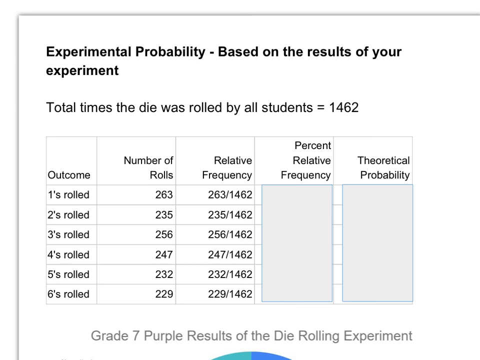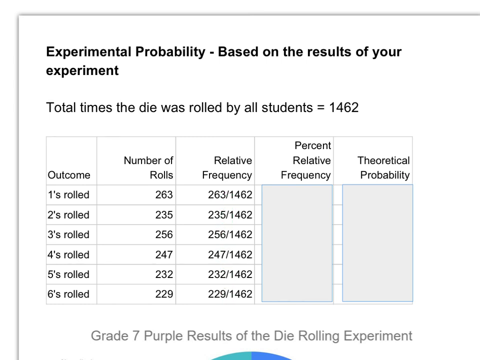So if I look at the relative frequency, I take the number of rolls that were recorded and I divide it by the total number of rolls of the die. So we have the numbers in this column divided by 1,462.